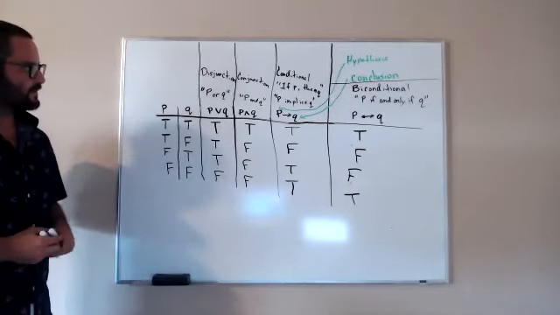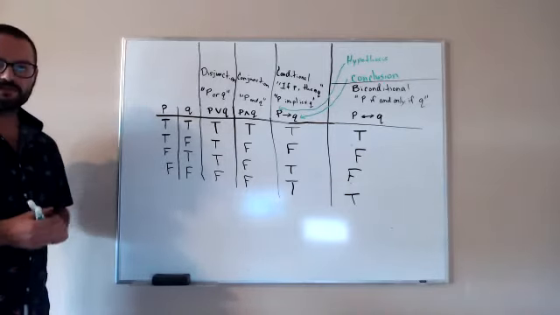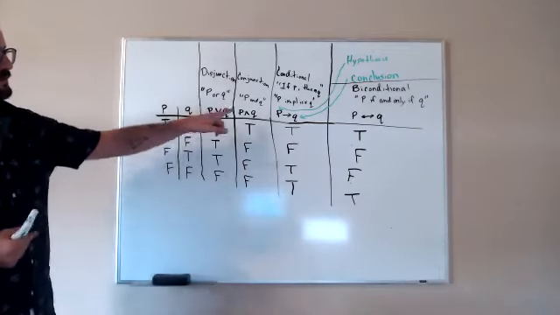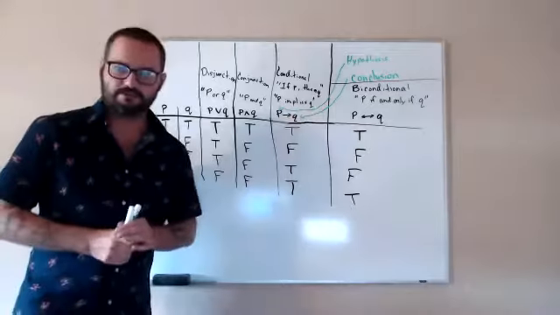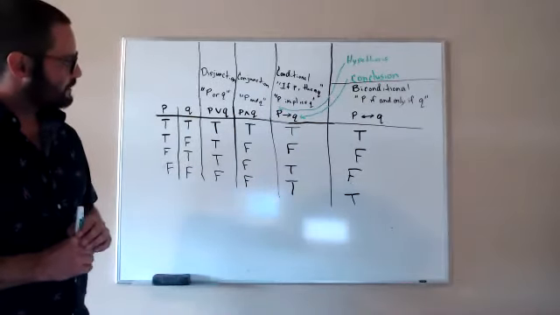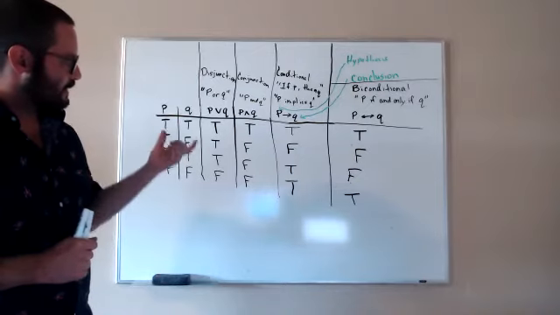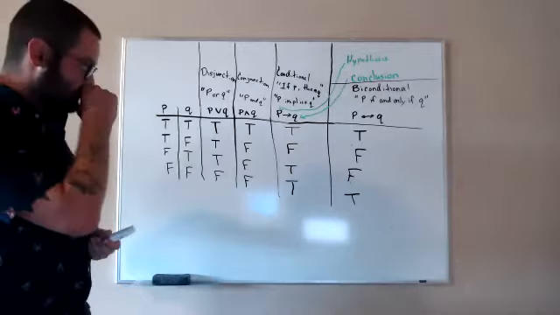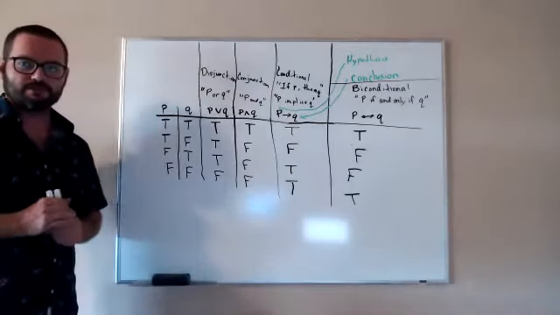So these are the basic, what I call operators on these propositions. The or, the and, the conditional, and the biconditional. Whenever you have several propositions that have been combined using these operations, these are called compound propositions.